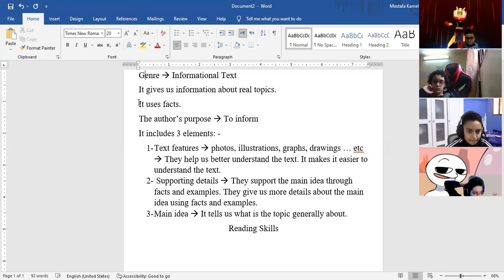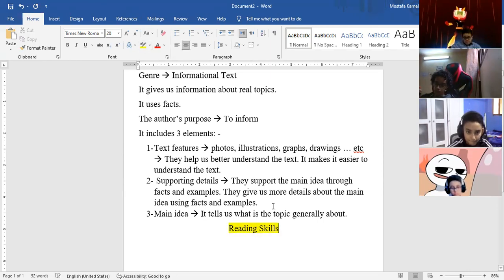It includes 3 elements: text features, such as photos, illustrations, graphs, drawings, etc. They help us better understand the text. It makes it easier to understand the text. Supporting details. They support the main idea through facts and examples. They give us more details about the main idea using facts and examples. Main idea. It tells us what the topic is generally about.